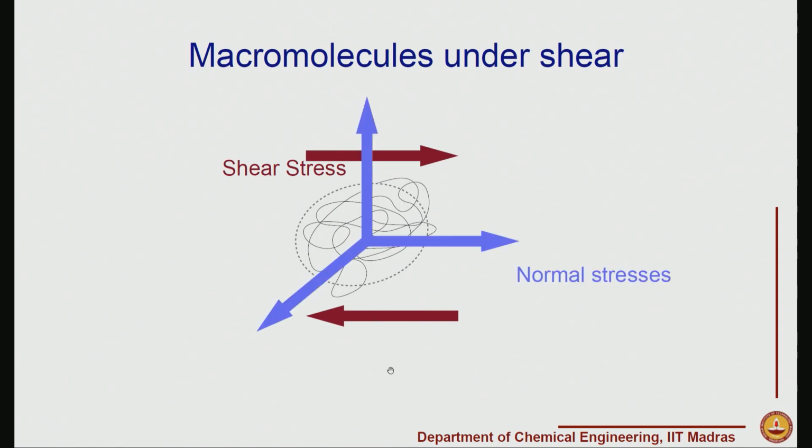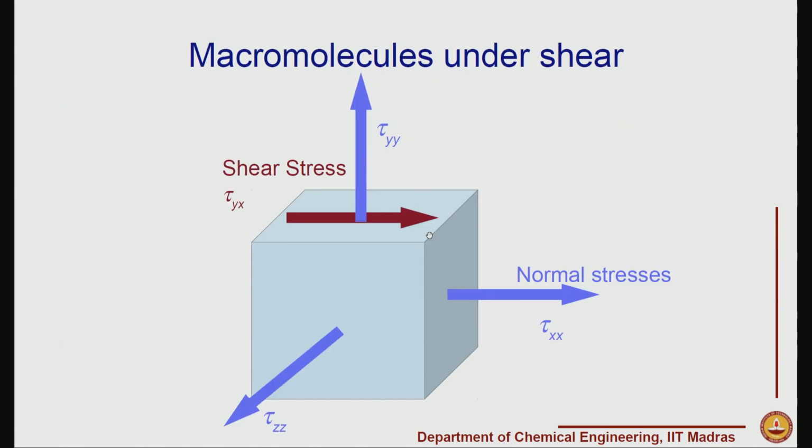So in this situation, when we are looking at these normal stresses, we could denote them as tau xx, which is a normal stress in the x direction on the x plane. Here, by x plane we mean the surface whose unit normal is in the same direction as the x direction.